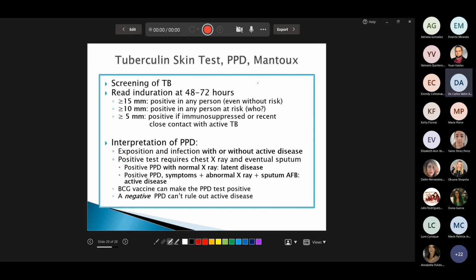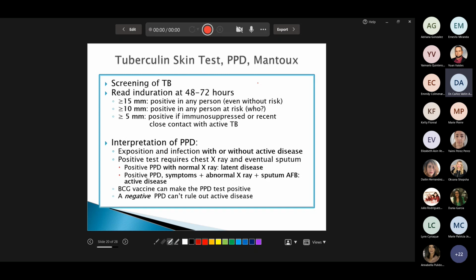The first to know is that we, healthcare workers, are people at risk. Immigrants, people that have been here for less than 5 years, are people at risk. People that have immune deficiencies, people that are taking immune suppressors, prednisone, chemotherapy, immune suppressors for transplant, for lupus, are people at risk.